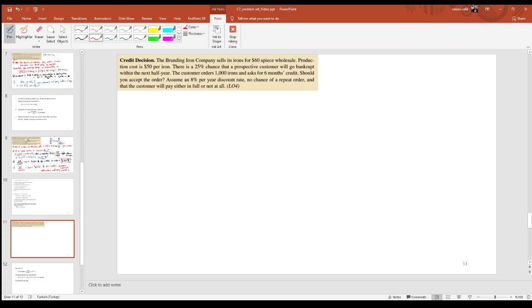The customer orders 1,000 irons and asks for 6-month credit. So, should you accept the order? Assume an 8% per year discount rate, no chance of a repeat order, and that the customer will pay either in full or not at all.